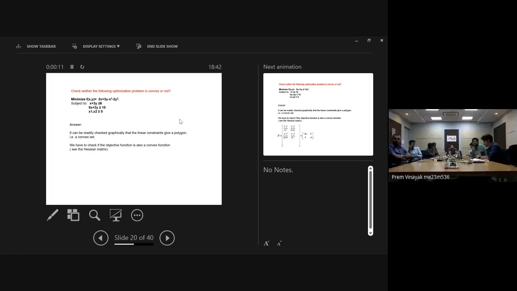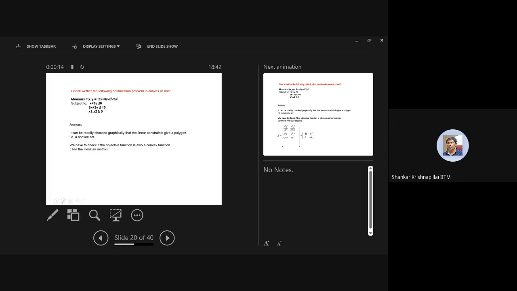I just roughly drew that for illustration. What will happen if the objective function contours are not convex? They can bend and touch at two or three places simultaneously. I drew something like this. If the objective function is convex, the contours will touch only at one point.